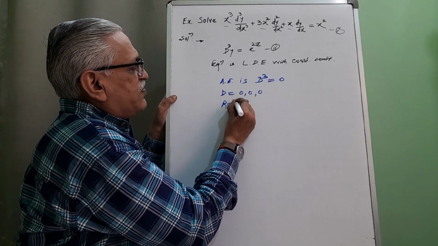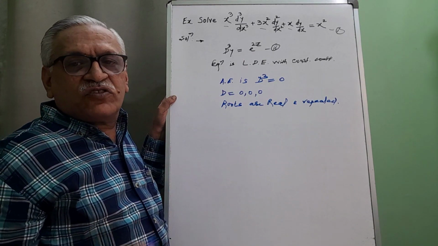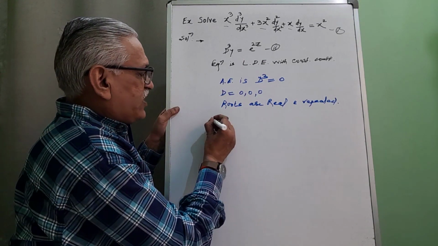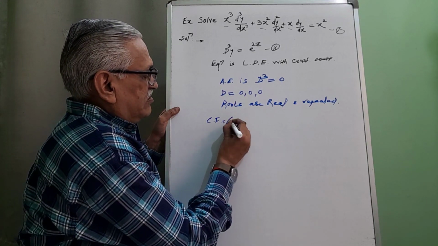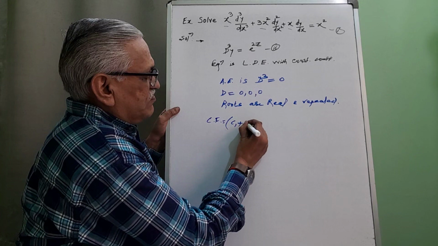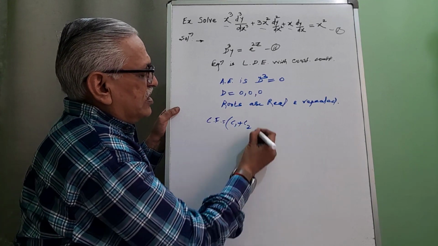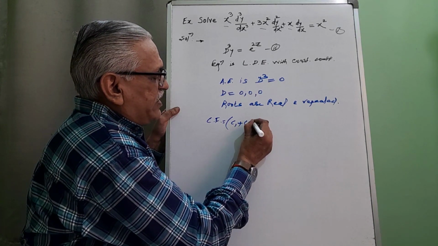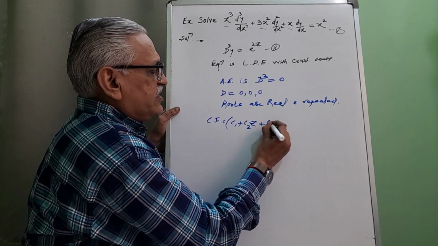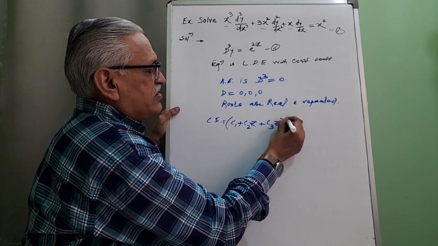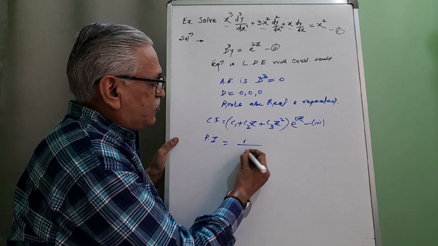And as roots are real and repeated, the way to write down CF is C1 plus C2, the new independent variable here is z, plus C3 z square.